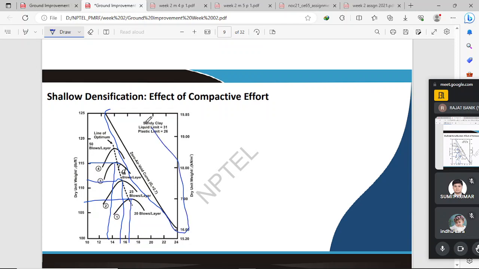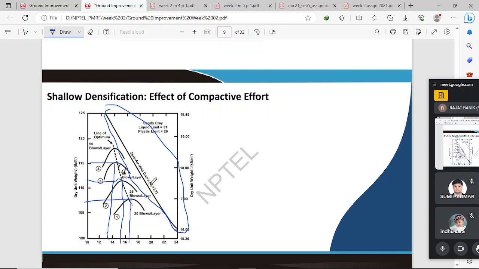We can see this for high compactive energy and low compactive energy, that means 20 blows per layer, 25 blows per layer, 30 blows, 50 blows per layer. Always the same plot is obtained for the zero air void line. It does not depend on the compactive effort or mechanical energy.